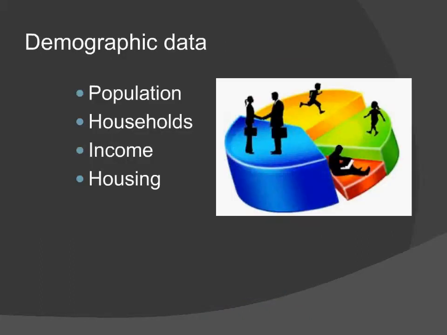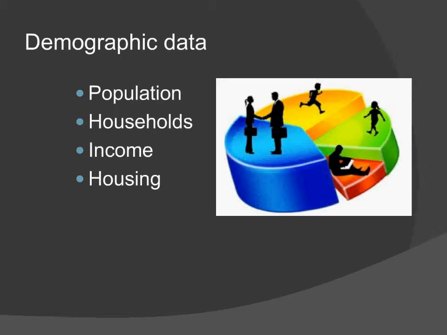Demographic databases can provide data about population, like age, sex, ethnicity, labor force, educational attainment, and marital status. It can also provide data for households. Household data like total households, total family households, average household size.